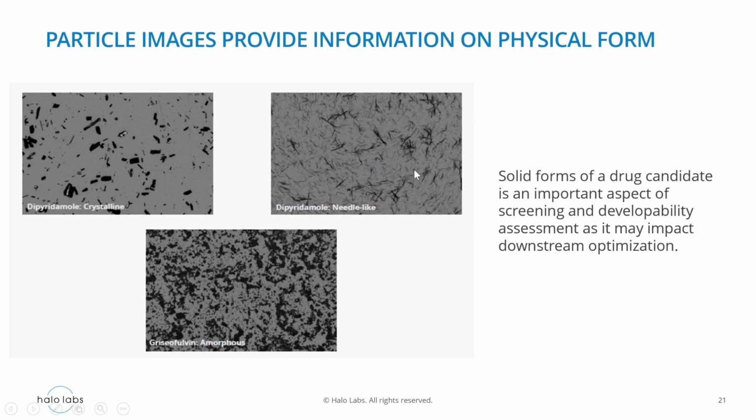And this is the second part where this instrument was very valuable for us. One of the things you can see is the morphology of your precipitates. And morphology of the form is very important because it not only tells you the phase of your compounds, but it can also point to ways to solubilize these compounds. For example, in this condition where we treated dipyridamole, we could see crystals, right?